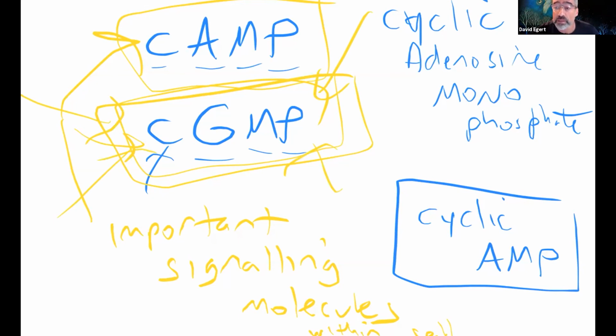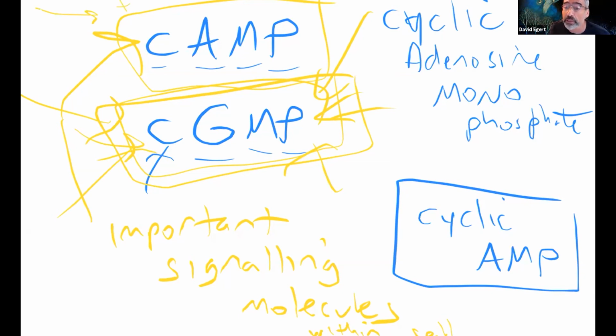So these are really important in how cells do their thing. We will be spending quite a bit of time seeing processes that are facilitated by cyclic AMP and cyclic GMP. Cyclic GMP is at the core of how your rods and cones convert light into electrical signals, so you can actually see your screen right now. So these aren't just, oh, by the way, there's also this other thing.